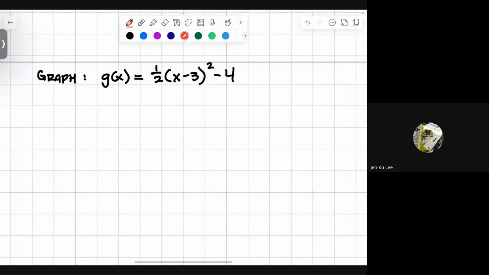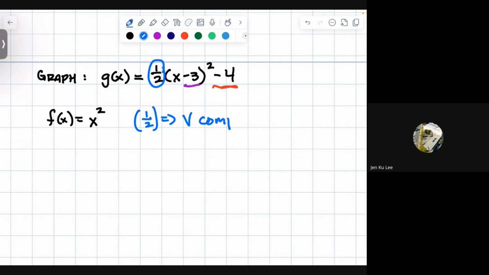Okay. So again, from my parent function, I know I have that, I know I have that, and I know I have that, right, as my transformation. My parent function is f of x equals x squared. In blue, the 1/2, that's a vertical compress by a factor of 2.